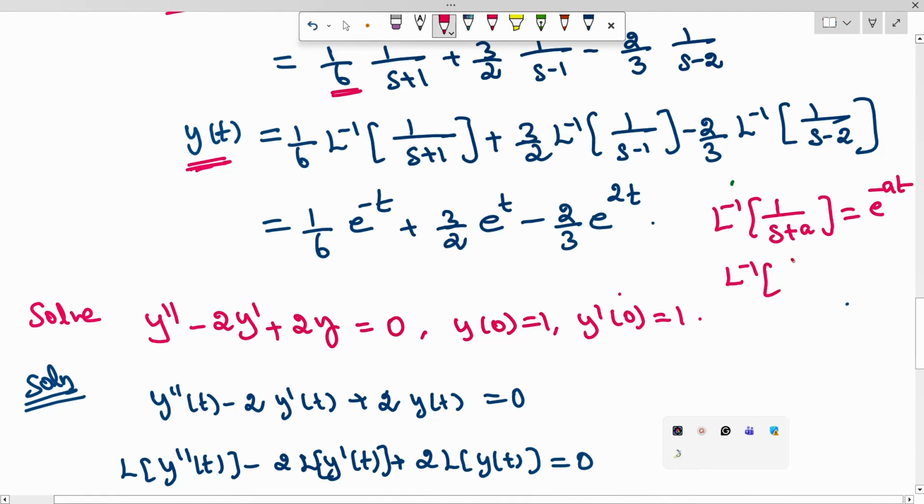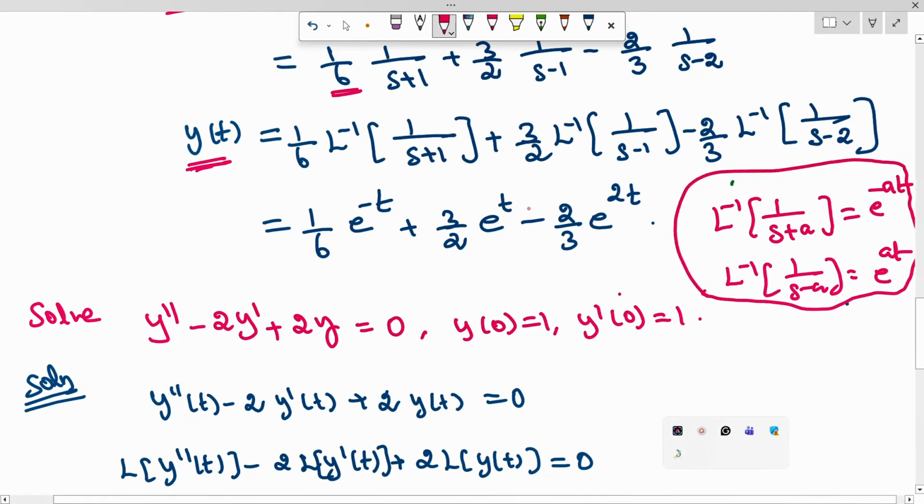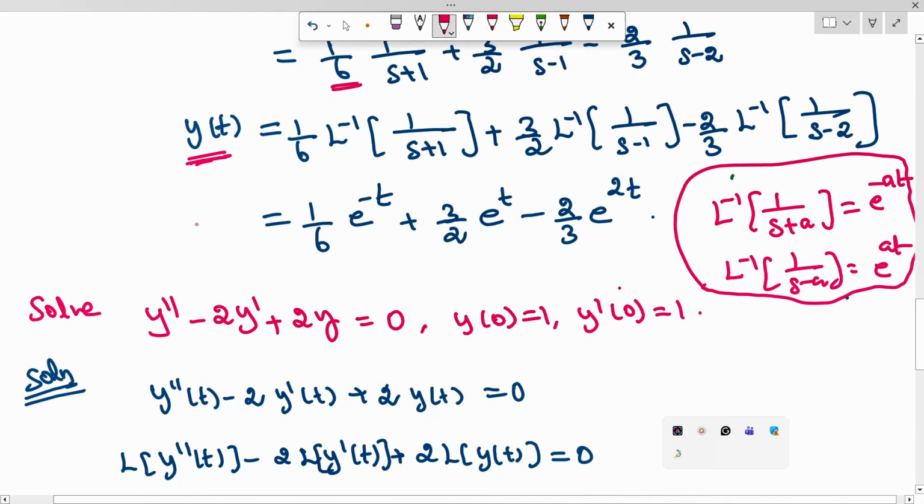L inverse of 1 by s minus a is e power plus at. You should remember these two formulas, then only we can easily apply the formula here, which is the final answer. Y of t equal to e power minus t by 6 plus 3 by 2 into e power t minus 2 by 3 into e power 2t.